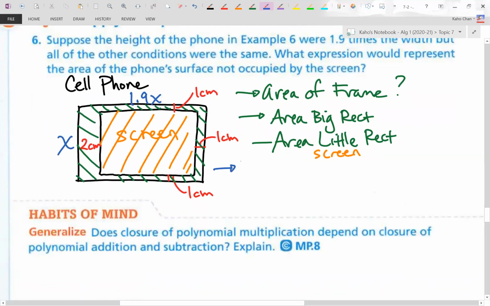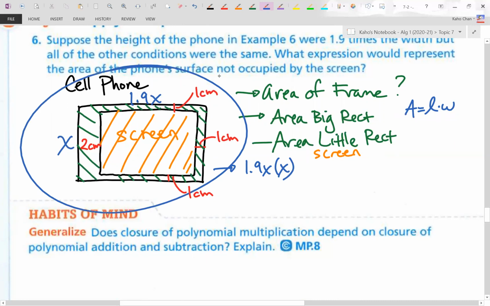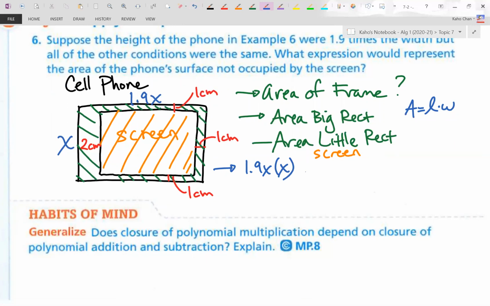All right, area of the big rectangle is, length times width, right? Area of rectangles are length times width. So in this case, it's the length 1.9x times x. That's the big guy on the outside, minus the little guy. Now the little guy is a little trickier. We have to subtract away some of those particular centimeters, right?